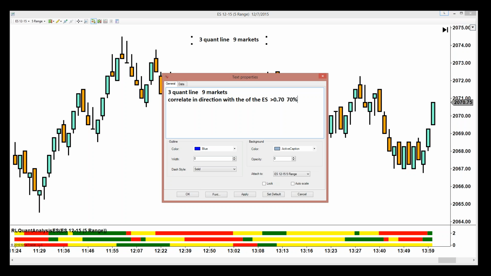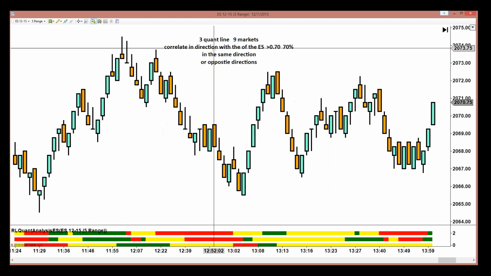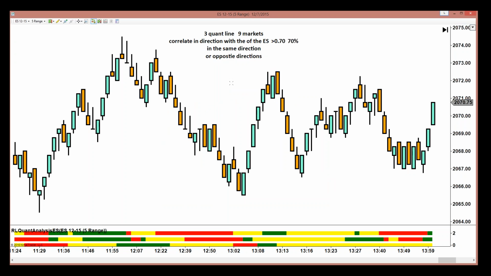Now that means they either move in the same direction or in opposite directions. So in a way, you may look upon this as a complex analysis of money flow.